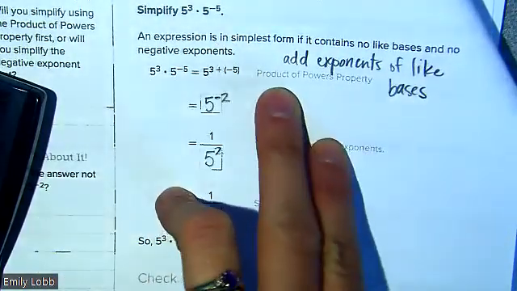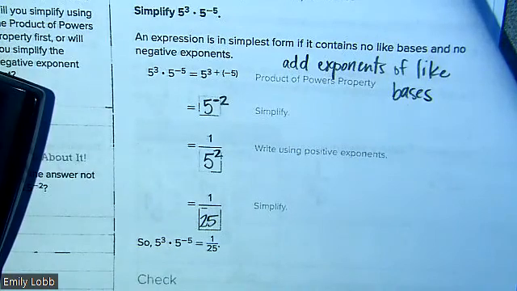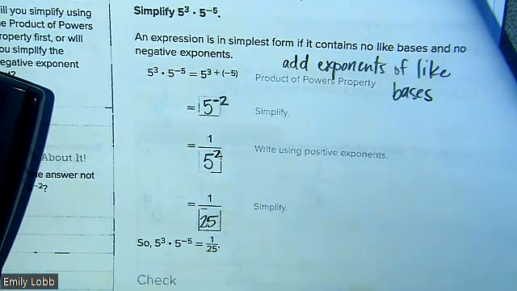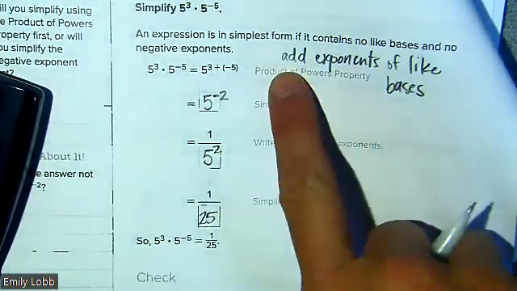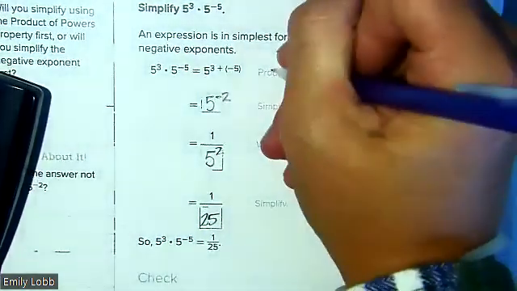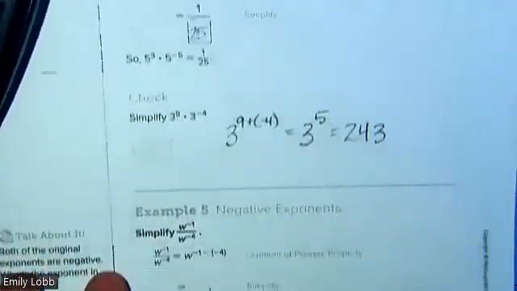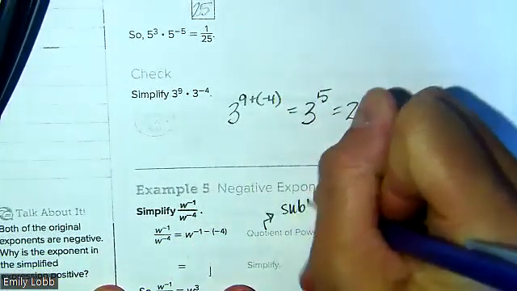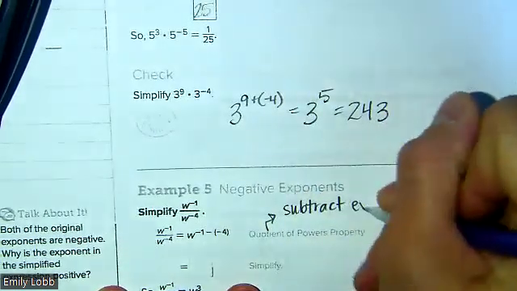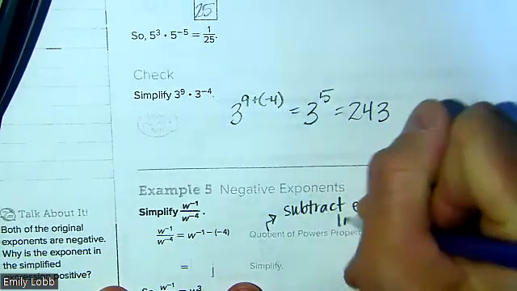So if our product is to add exponents of like bases, what is our quotient of powers property? Subtract. Subtract exponents of like bases. So we put these notes here to refresh our memory, so we don't have to turn all the way back in our packets. And down here, we can say this is to subtract exponents of like bases.